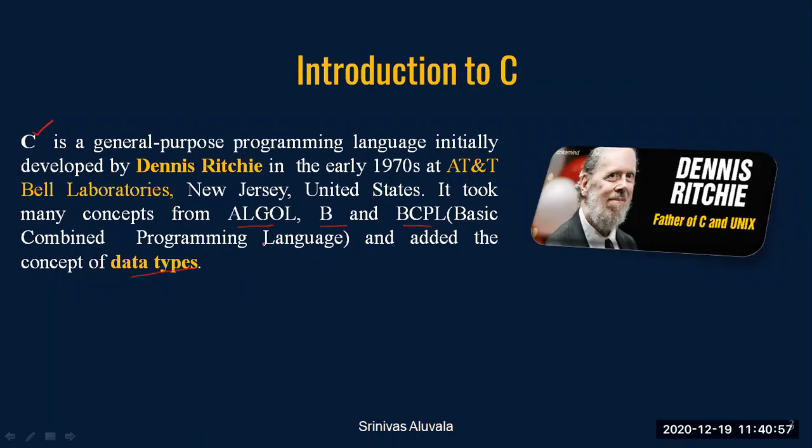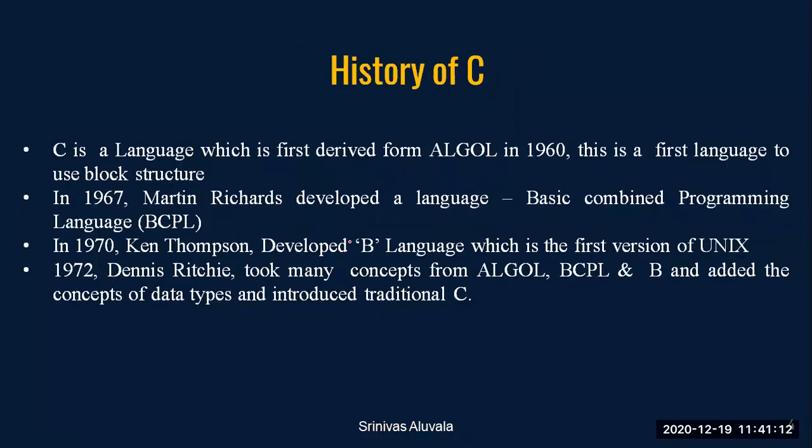Dennis Ritchie developed a programming language in the early 1970s called C, and today it is a general purpose programming language which can be used for writing any kind of programs on the machines to get the solutions.